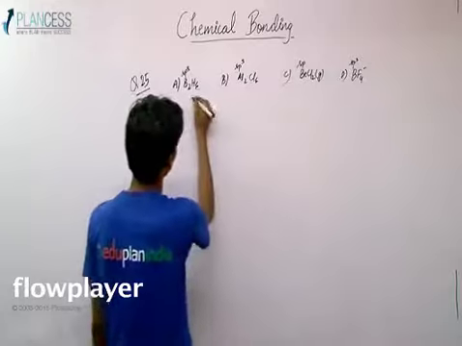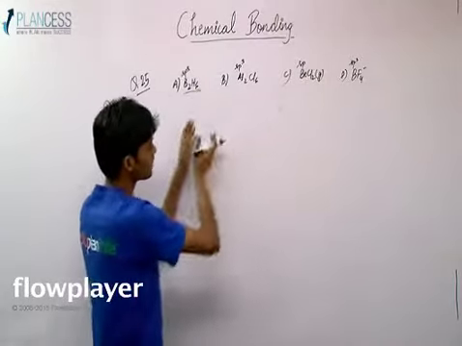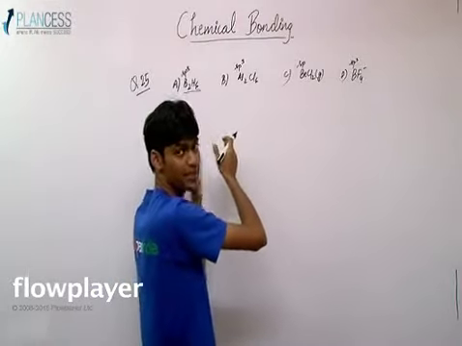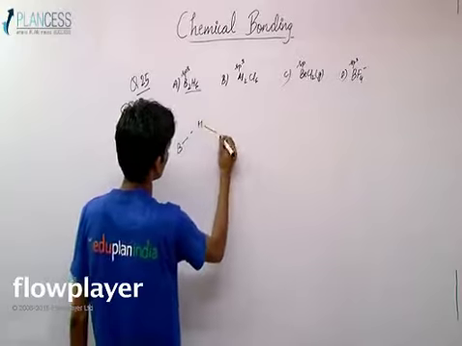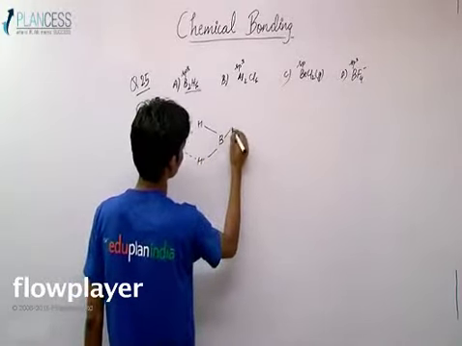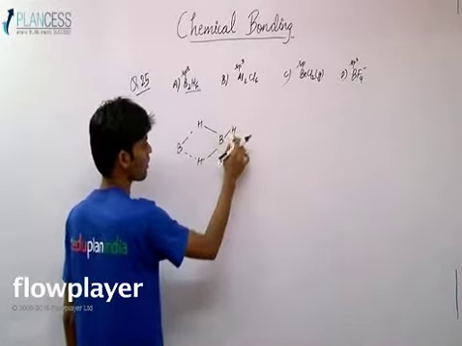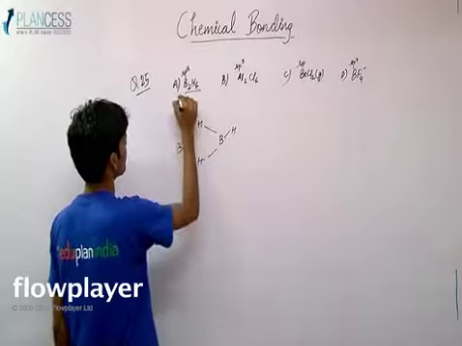In B2H6, we know that a 3 center 2 electron banana bond is formed, so that B-H bond length is greater than the terminal B-H bond length, therefore this cannot be the option.